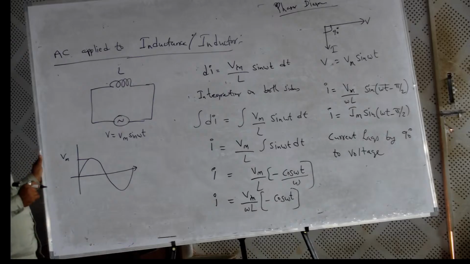Now I have to draw the current waveform. How can I draw the current waveform? What is the angle between them? 90 degrees. Yes, the angle between them is 90 degrees. So here 0. Where can I draw this waveform now? Is the voltage waveform fast or the current waveform fast? The voltage waveform is fast.